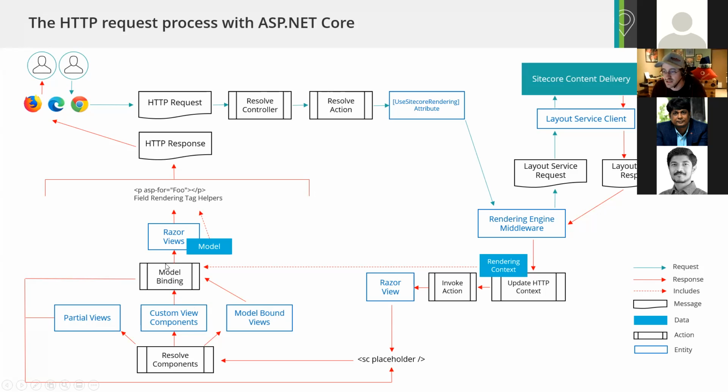So in our additions to ASP.NET Core model binding, you can pull in data from the layout service to a strongly typed model and then output it in your Razor view using our field rendering tag helpers. Describing this all very conceptually right now, it might be hard to follow. We'll see it in action shortly.